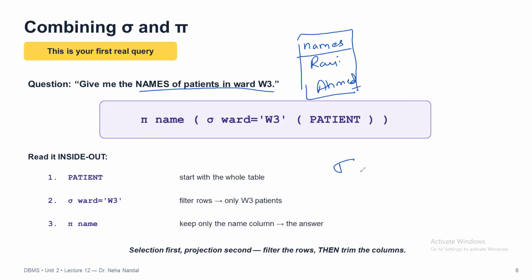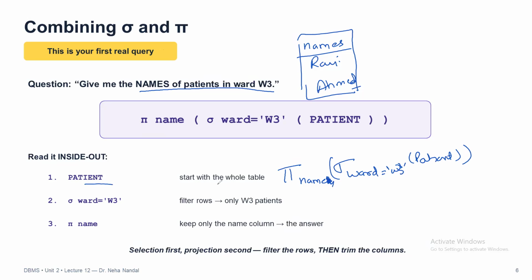First, we have to select. Start with this condition: ward is W3, as we have done earlier, from the patient table. So this will give us the first output, the rows, which two rows are being selected. Out of two rows, we want only the name column to be projected. So project only name. In this way, we can run our query.